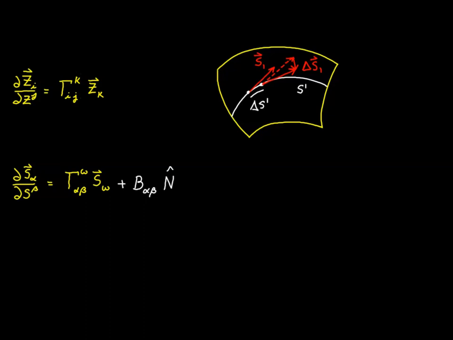Now, what we've done here should remind you a lot of what we were doing back in video 65. If you remember back there, we said if we have a general vector that may not lie in the tangent plane, just a general vector that may point in any direction, we represent that in our tangent space by decomposing it into a surface projection and a normal projection. So that's all we've done here. We've said that this result may be a vector that points in any direction, not just in the tangent plane.